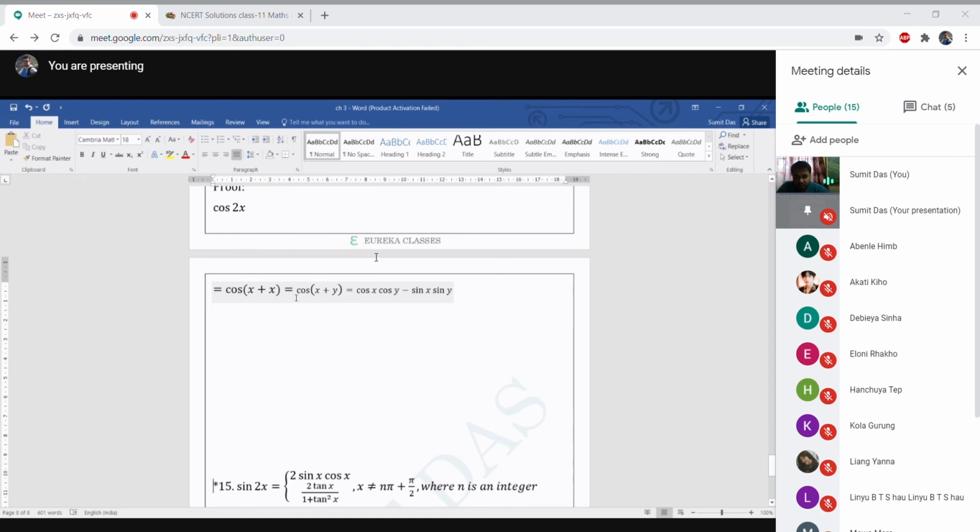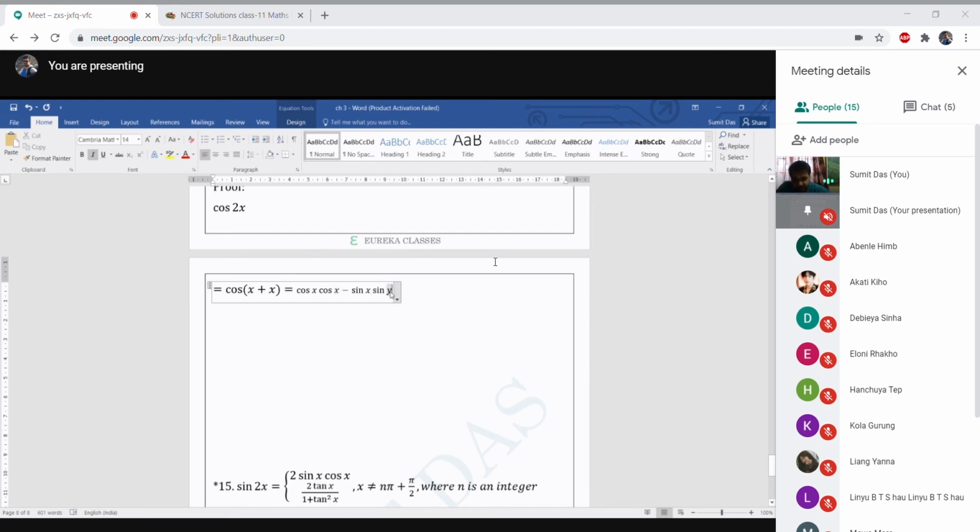Cos x plus y, if I use this formula, look, both are x, right? So I'll replace the y with x.